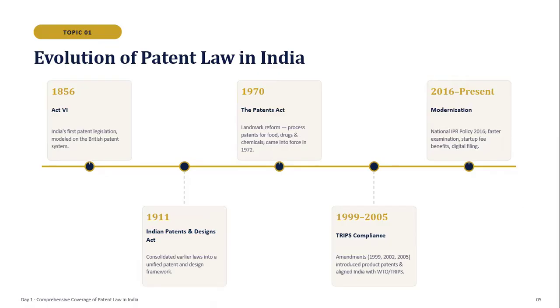From 2016 onwards, the Indian patent system has continued to modernize, including initiatives relating to faster examination, benefits for startups, and digital filing. Understanding this historical development is essential because it helps us appreciate how India's patent system has evolved in response to technological, economic, and international developments.